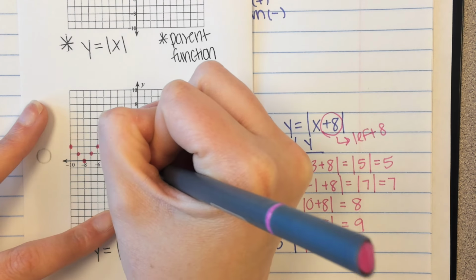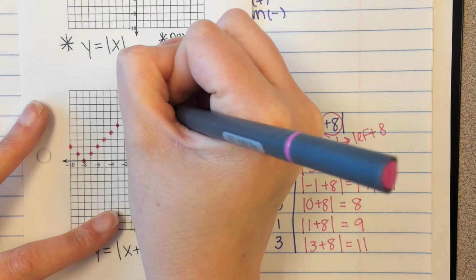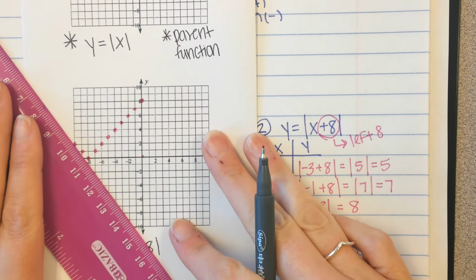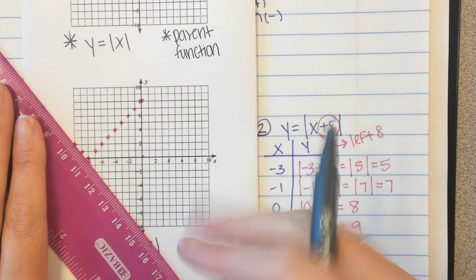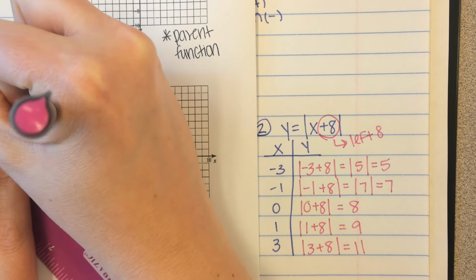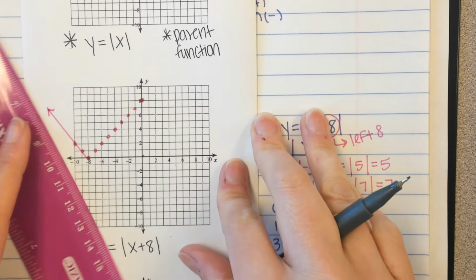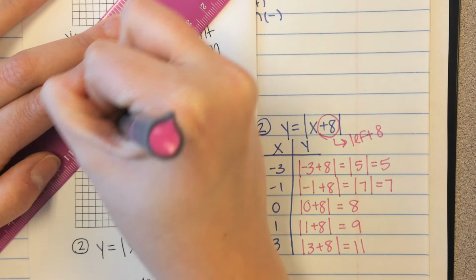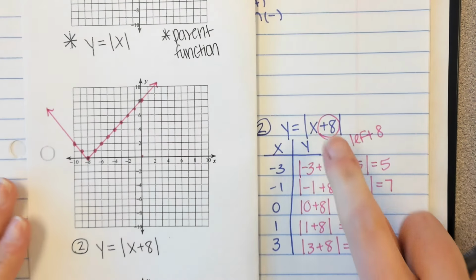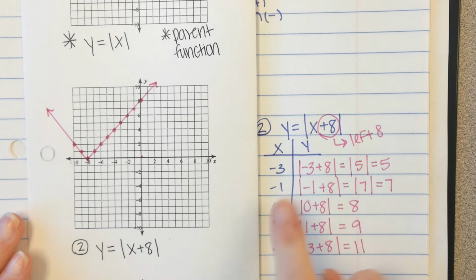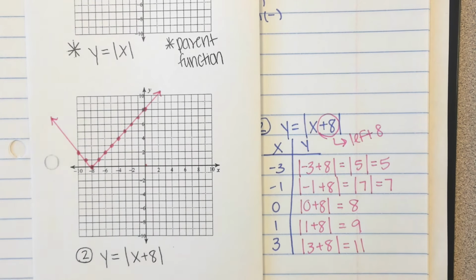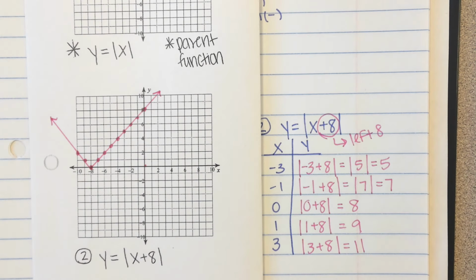We had negative 1, 7, 0, 8. Okay, so on this graph, as you can see, we would have had to pick just the right x values to get the rest of the shape. So on this one, it was easier to look at how the graph was shifted versus the actual points. But in Math Excel, you have to fill out the table and graph it on the coordinate plane.